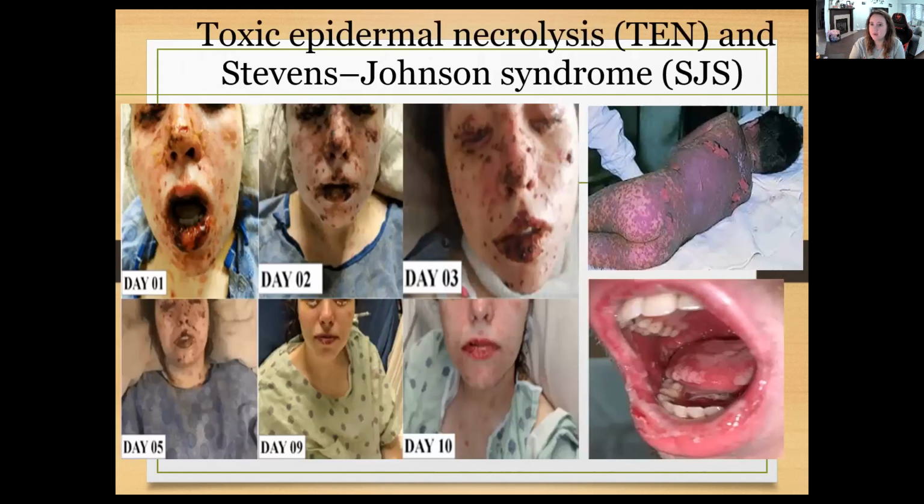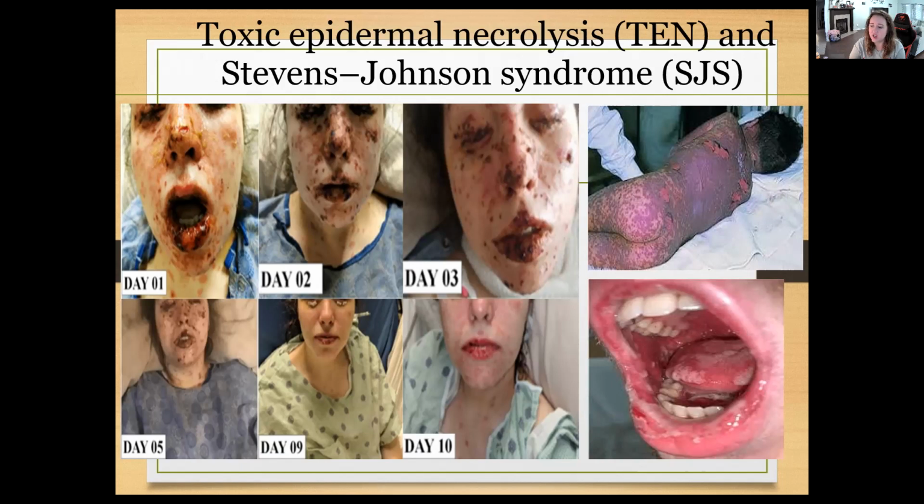All right, and then the next one we're going to talk about is toxic epidermal necrolysis and Stevens-Johnson syndrome. So Stevens-Johnson syndrome and toxic epidermal necrolysis are kind of synonymous, or one and the same term. These are considered a medical emergency. This is an acute immune condition, and this is most likely caused by oral intake of medications.